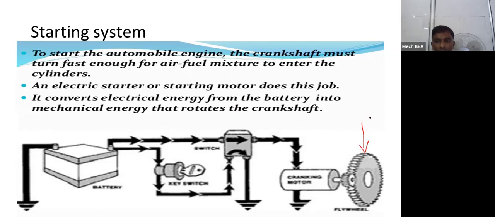This is the flywheel. Here actually there is the engine, and on the engine's crankshaft the flywheel is there. On the flywheel there is one ring gear. Already we have seen ring gear in theory of machines.